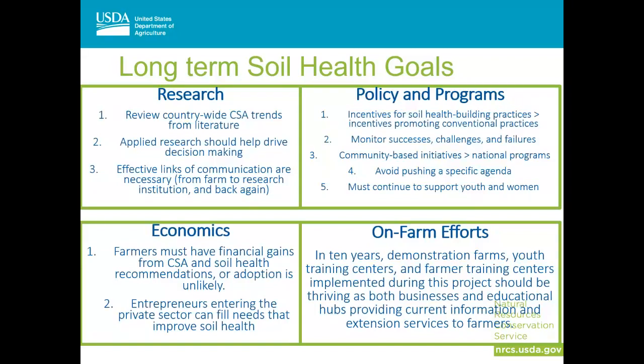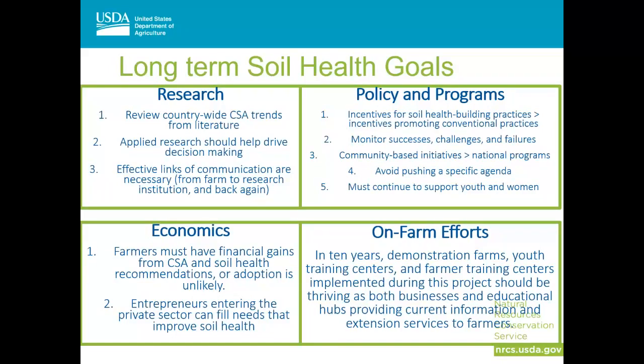Under research, one thing that we were recommending, reiterating, is that there needs to be effective links of communication from farm to extension to research institution and back again. So the research institutions are understanding what problems the farmers are experiencing, and then the farmers are getting the results and are aware of what the findings have been.